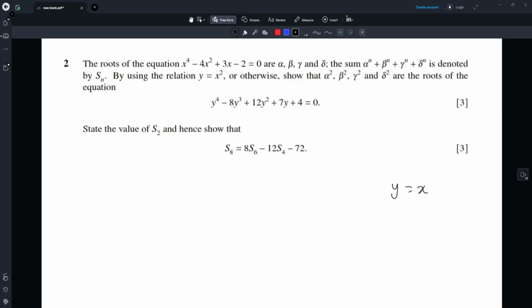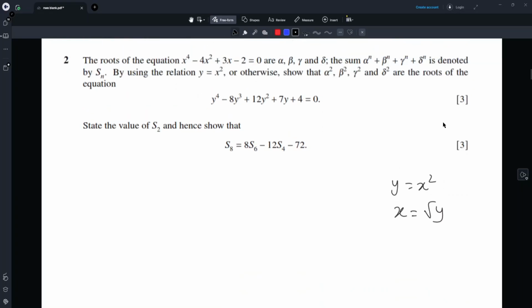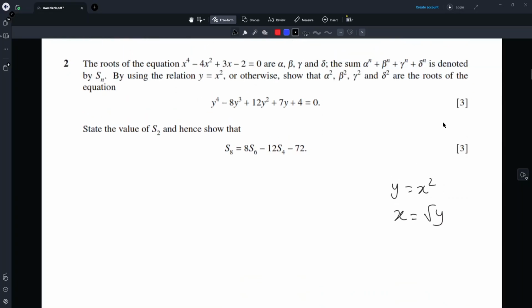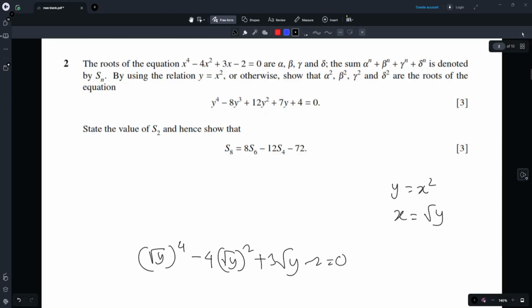So if y equals x squared, then x equals root y, as we know. So what we have here is, I'm going to write down root y to the power 4 minus 4 root y whole squared plus 3 root y minus 2 equals 0.